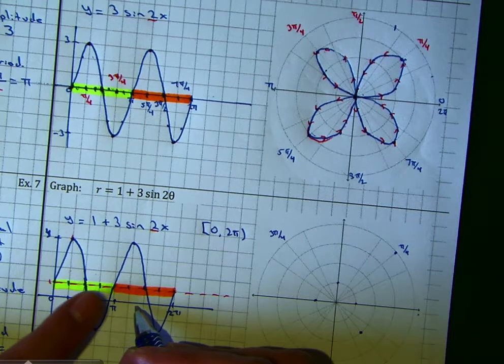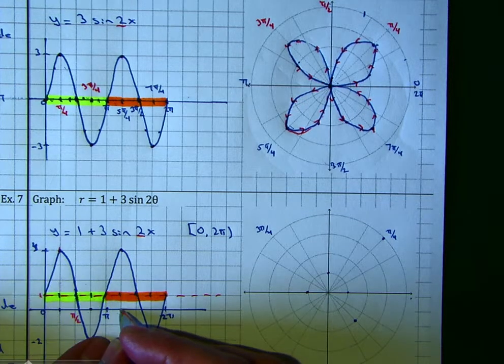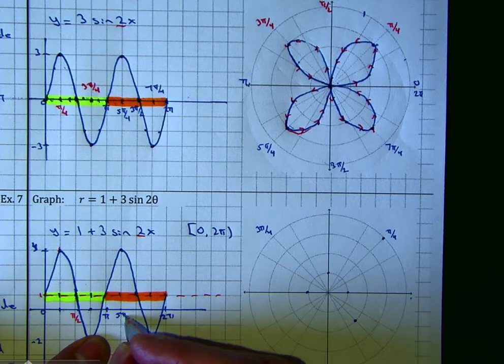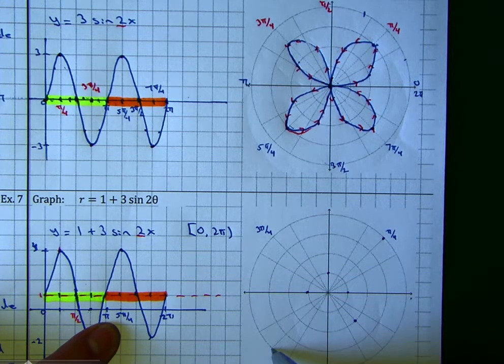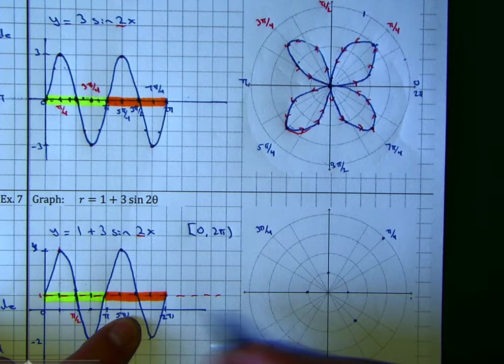Then this peak here, the maximum, is going to be, what's this? This is 1 over 4, 2 over 4, 3 over 4, 4 over 4. This is 5 pi over 4, which is here. It's going to be positive 4. Then 3 pi over 2 is positive 1.